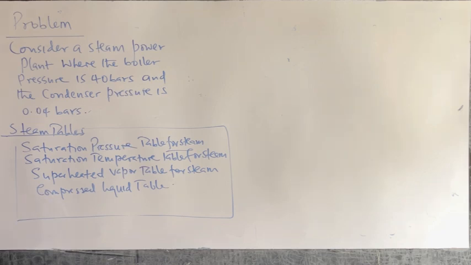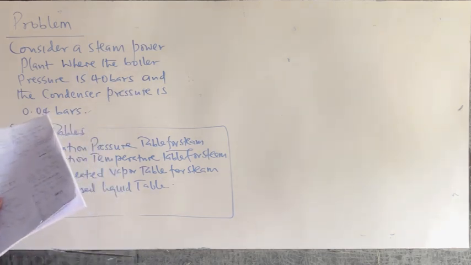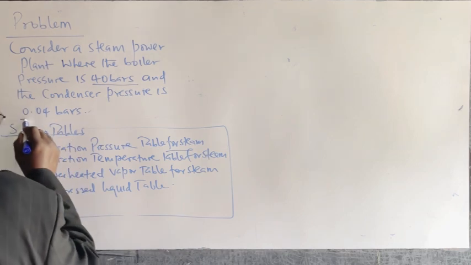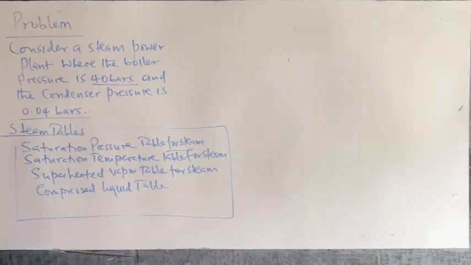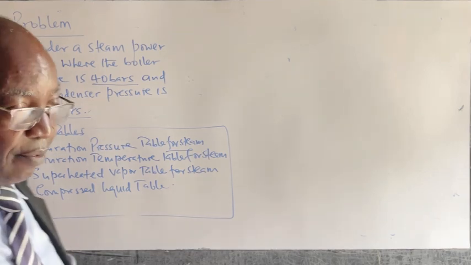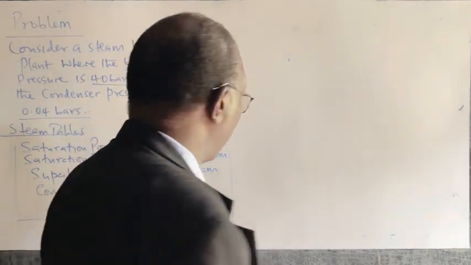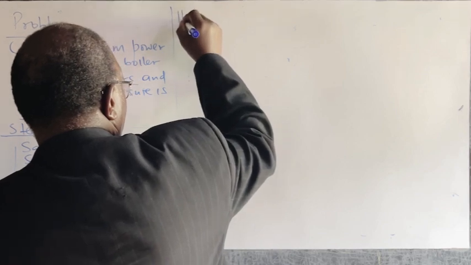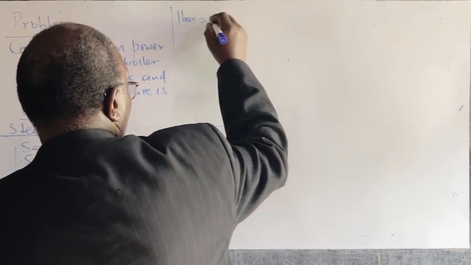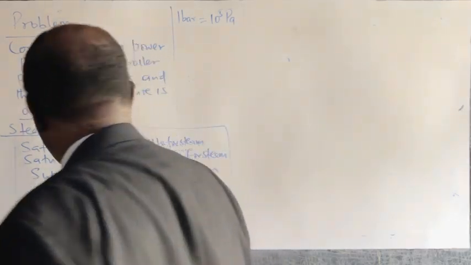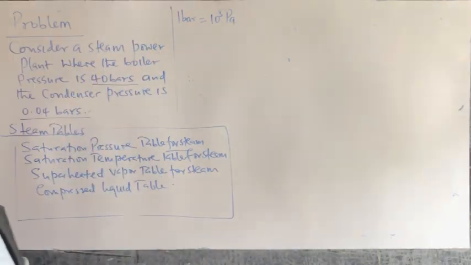So one of the first things we need to look at is we have talked of the boiler pressure being 40 bars and the condenser pressure being 0.04 bars. Now, let me remind you, and it's good to know this, that 1 bar is equal to 10 to the power 5 pascals. Remember, bar is a unit of pressure.